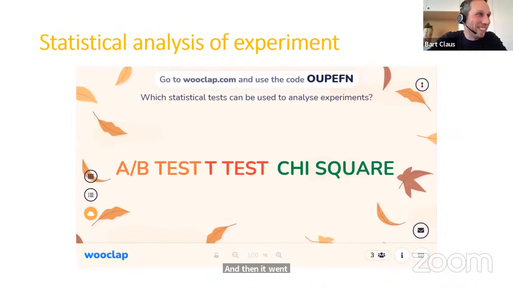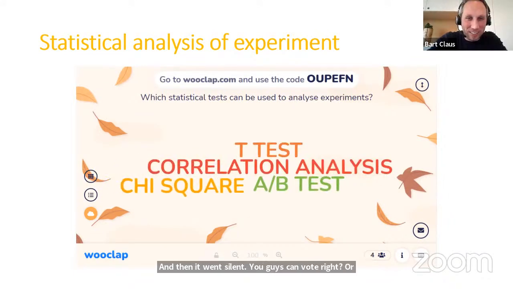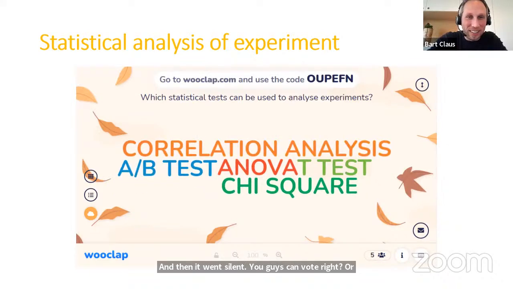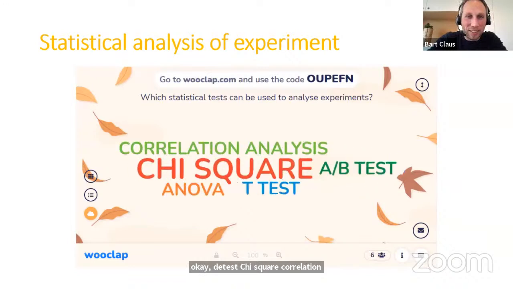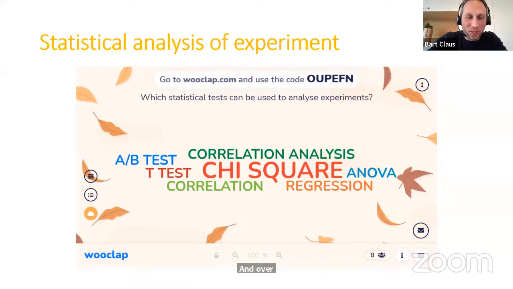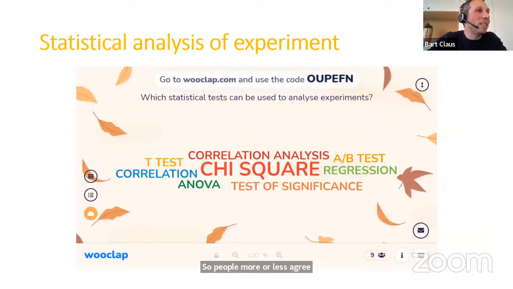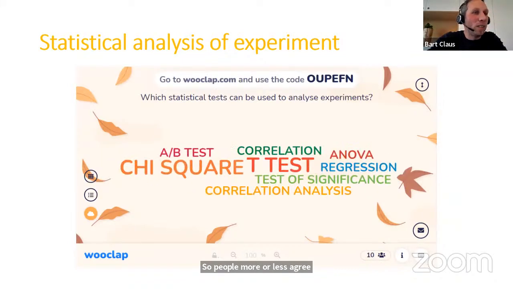Or okay. T-test, chi-square, correlation, ANOVA. Yeah. So people more or less agree. Regression is now added. Chi-square is people's favorite.